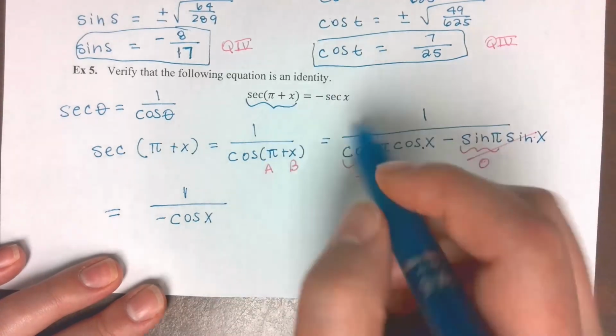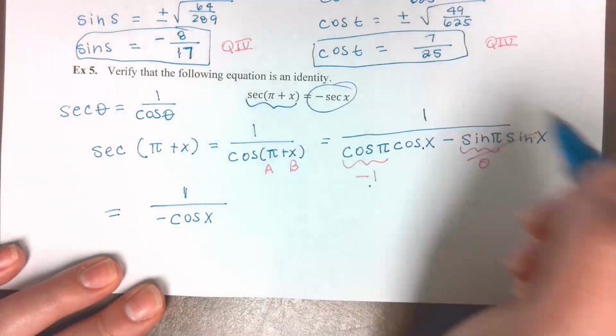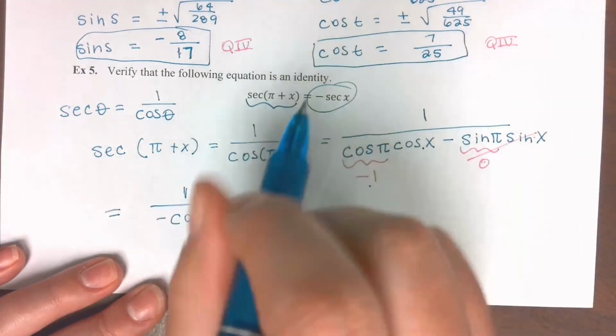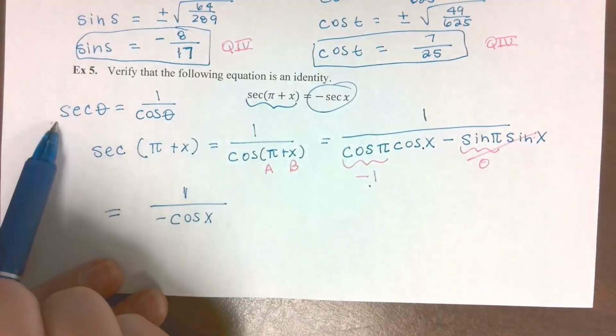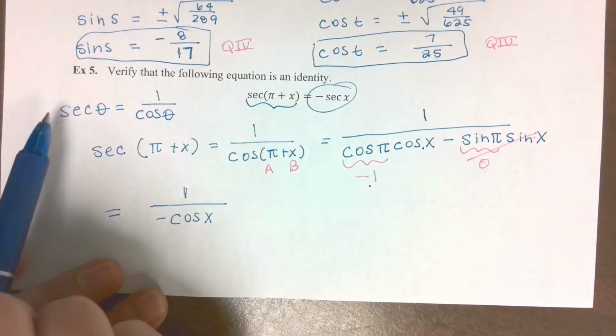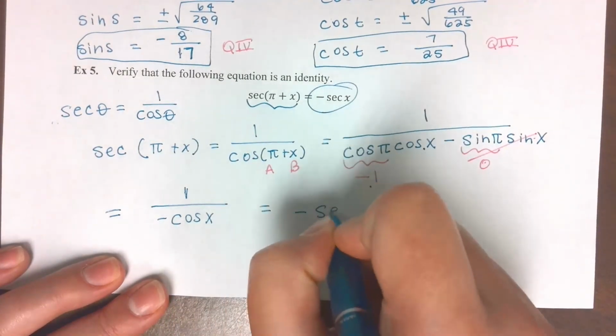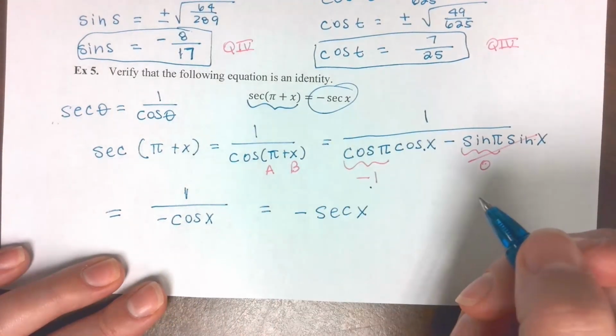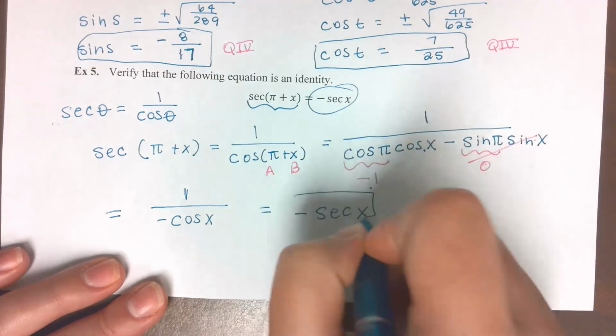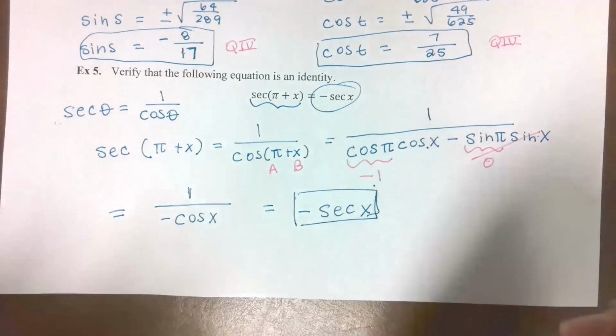And remember, we're trying to get the right side. So the last thing I need to do is use the reciprocal identity again, and change this to negative secant x. And then that would be our identity.